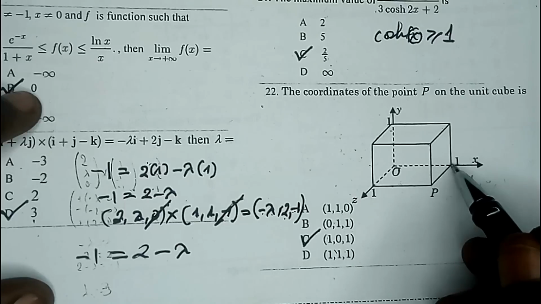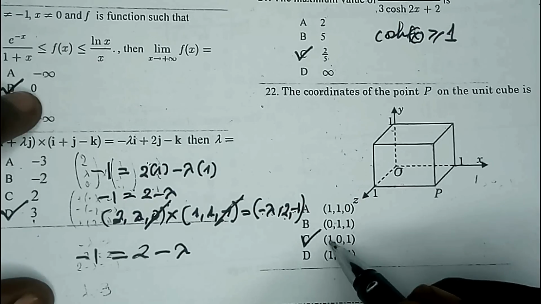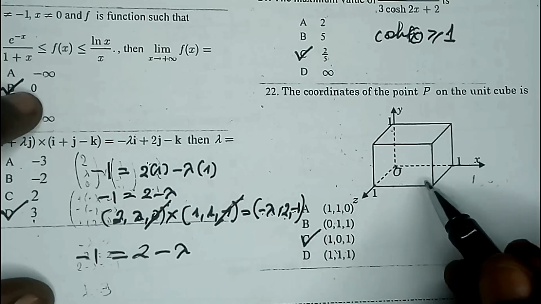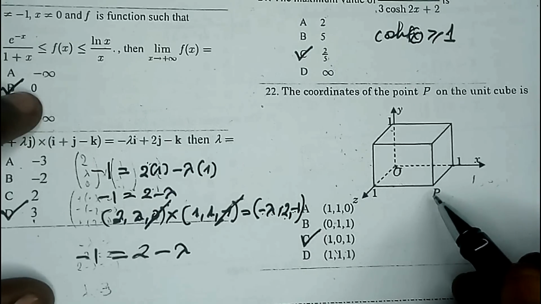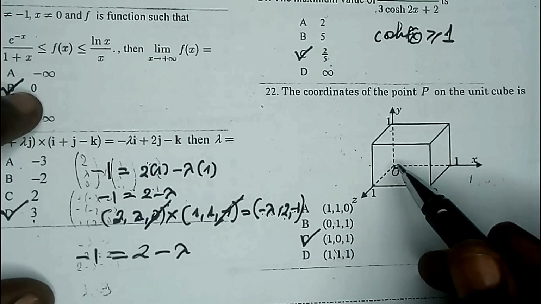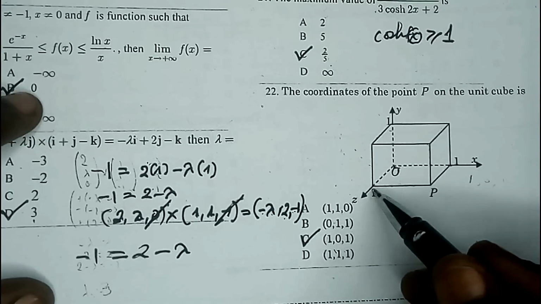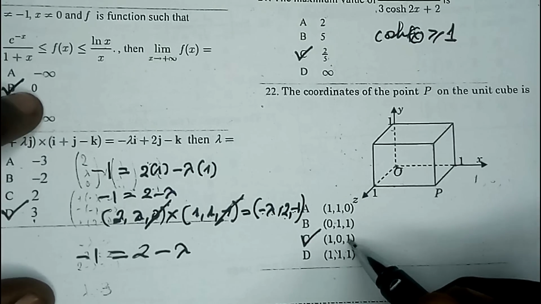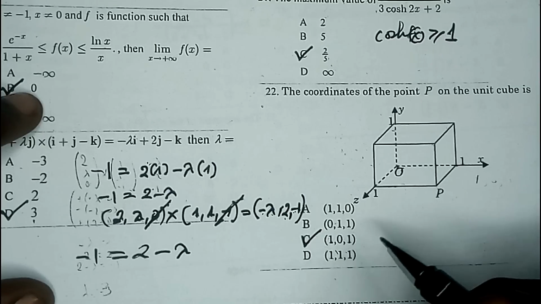Along the x-axis, P has moved by 1 unit, so the x-coordinate is 1. Along the y-axis, P has not moved. It lies on the floor, so the y-coordinate is 0. And along the z-axis, it has moved by 1 unit to find itself here. So the z-coordinate is 1.